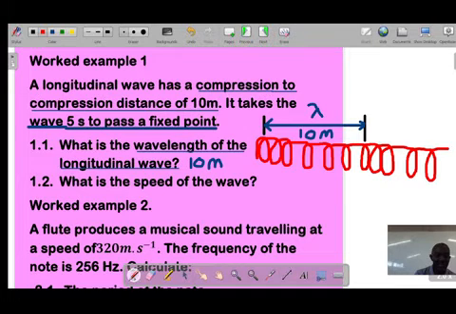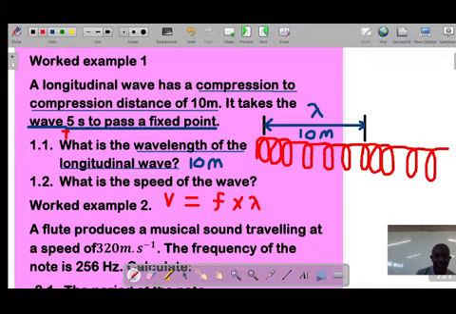So this is my periodic time, T. What does the question want? The speed of the wave. But we said that V equals the frequency multiplied by the wavelength.